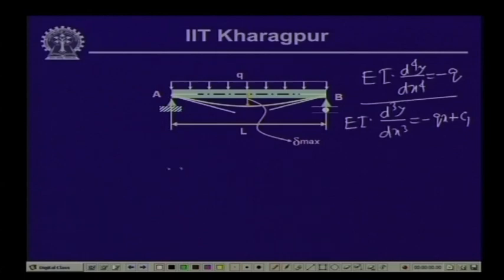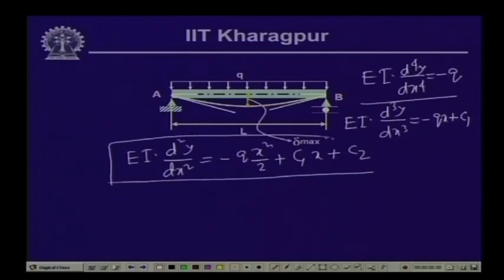Now, if we integrate it further, we have EI d2y/dx2 equals minus q x square by 2 plus c1 x plus c2. Now, let us apply the boundary conditions here itself.